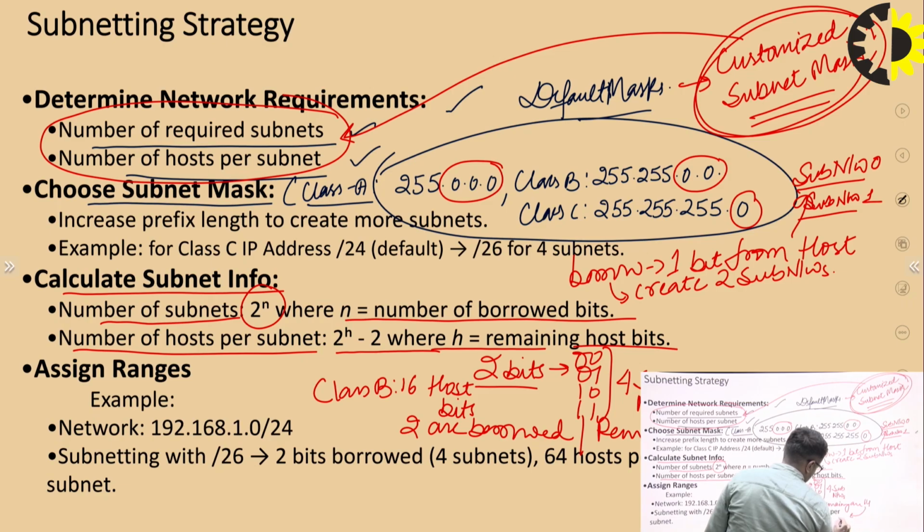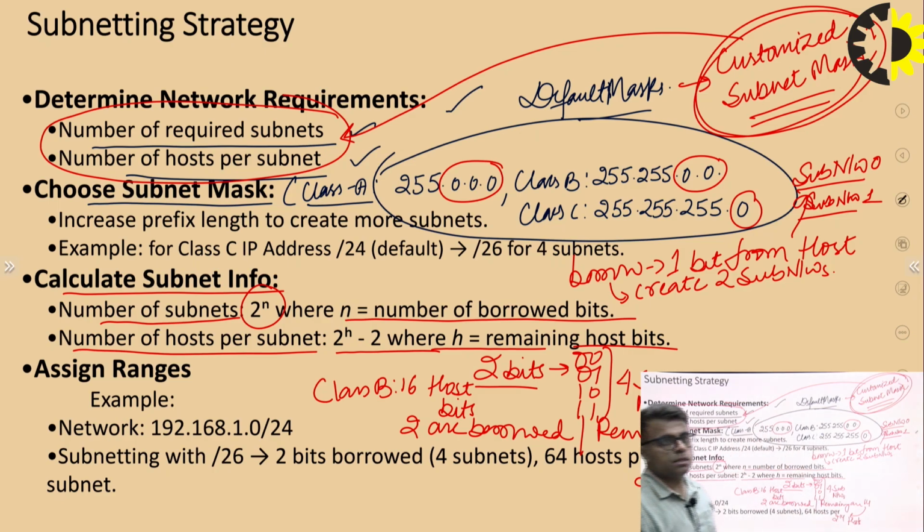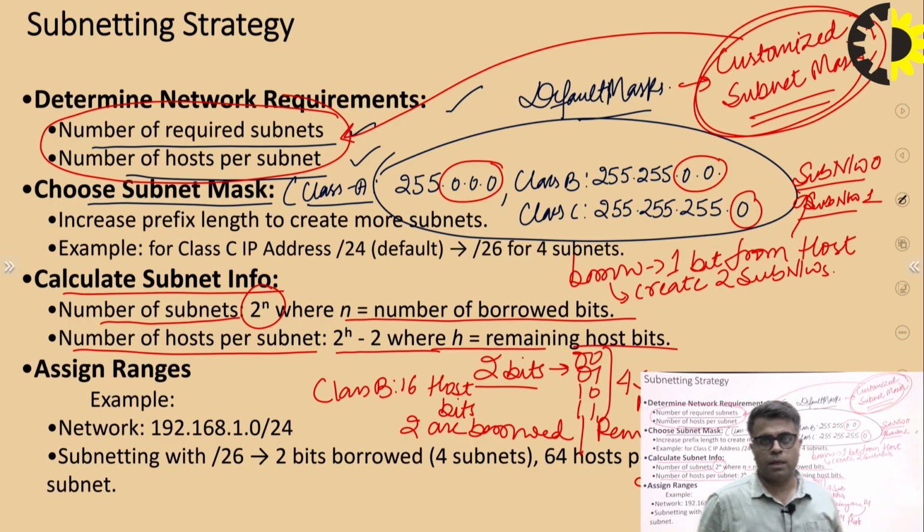So that means 2 raised to power 14 hosts can be there. This is how we can control the number of hosts and number of subnetworks inside a bigger network.